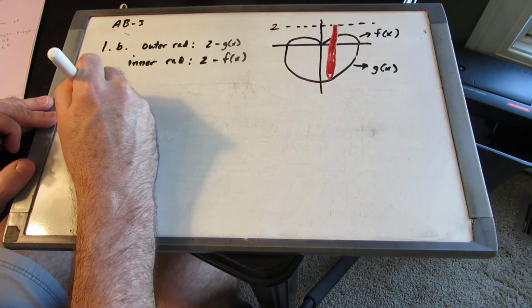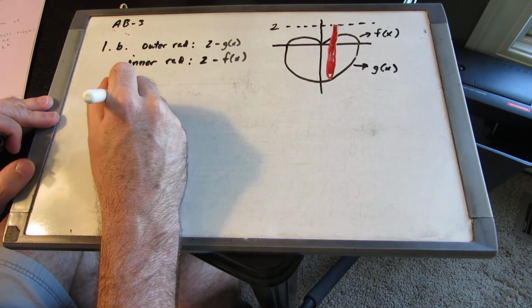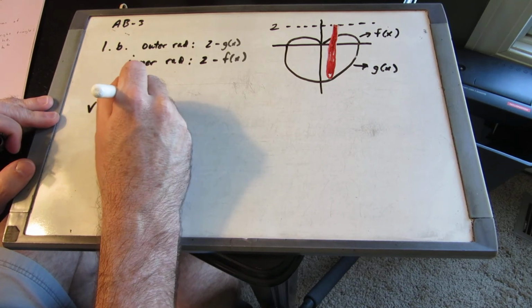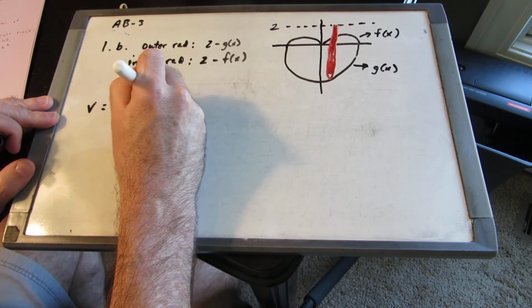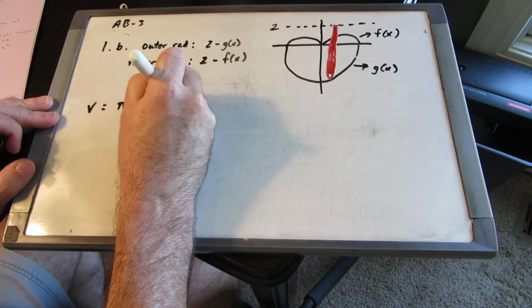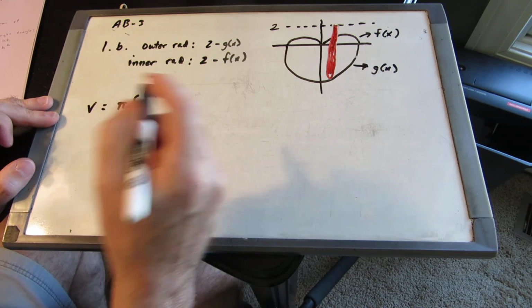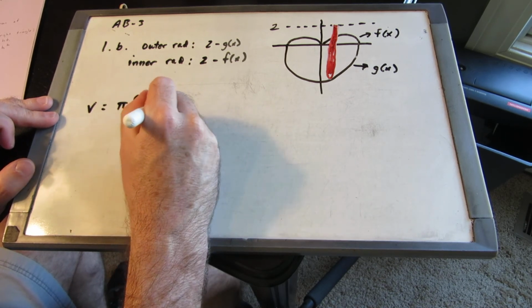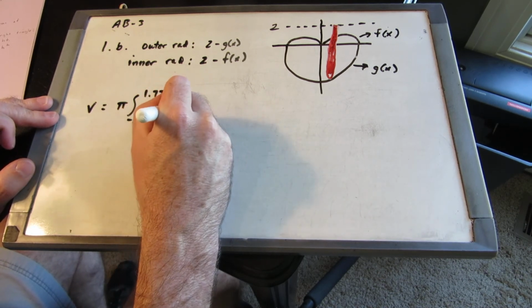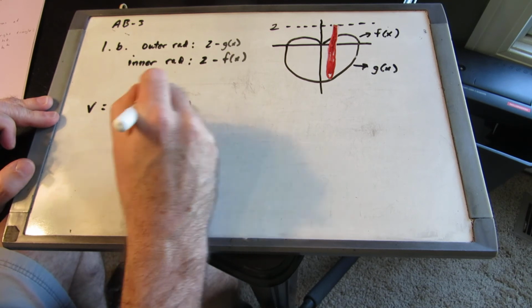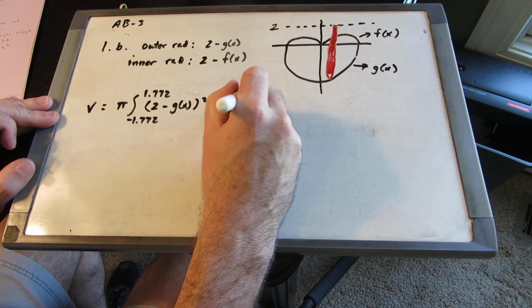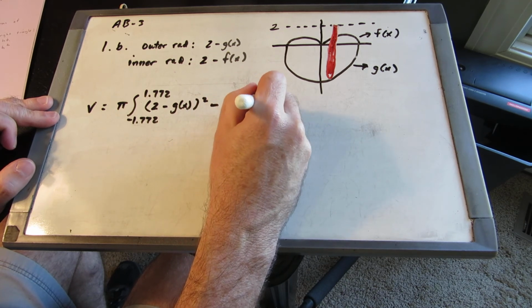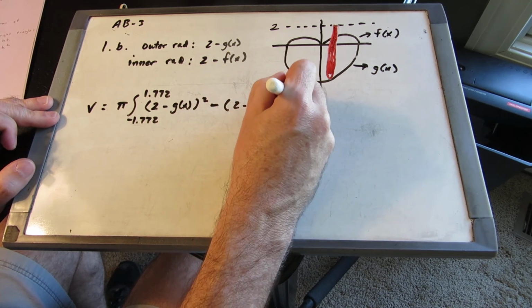Alright, so the volume is going to be pi times the integral from negative 1.772, you had to figure that out last time, to positive 1.772 of the outer radius squared, so 2 minus g of x all squared, minus the inner radius all squared, 2 minus f of x all squared dx.